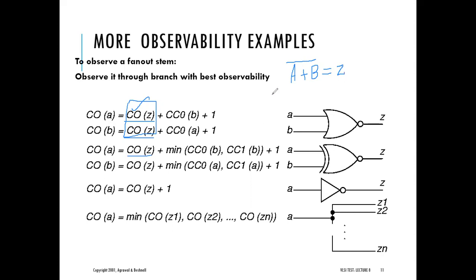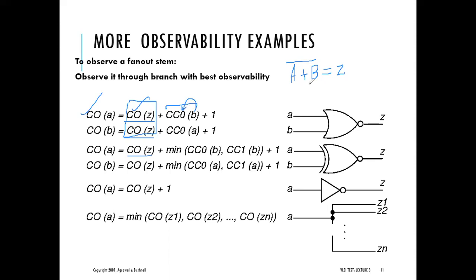So if you want to calculate the observability at a, let's say, CO(Z) is fixed, plus then how does this term come? It means that the b value has to be kept at 0.